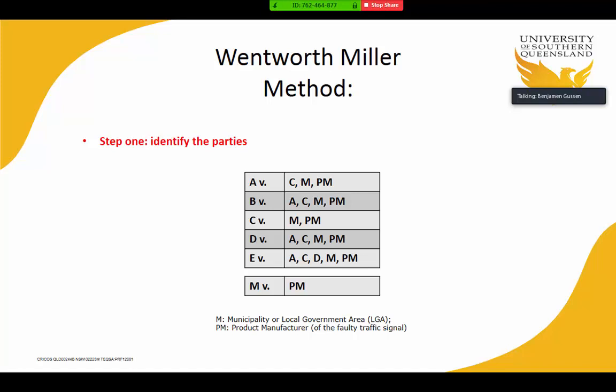Manufacturer or the municipality. But you are not going to go after all of them, right? So you'll go back and try to reduce the number of pairs you're going to actually pursue. So if you're after money, your best bets would be the product manufacturer or maybe the municipality.